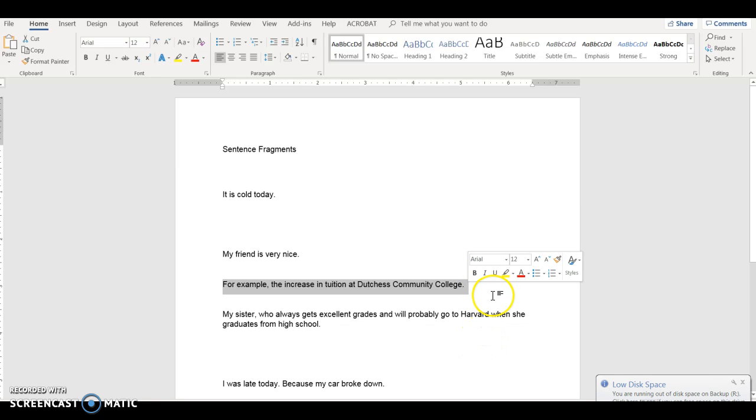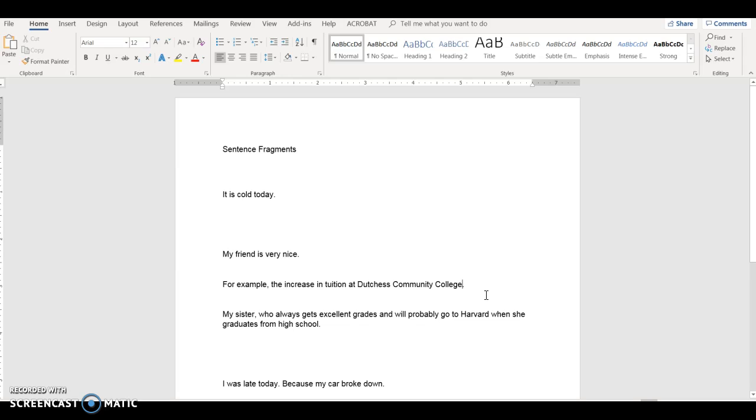For example, "the increase in tuition at Dutchess Community College." That's a pretty long sentence. But if you look closely, it's missing a main verb. I have a subject here, the increase in tuition at Dutchess Community College. But there's no verb.